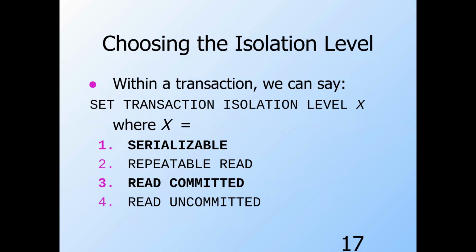If I have two accounts on the Bitcoin exchange, and you're running under read committed, I can send in 1,000 transactions that transfer one Bitcoin from one account to the other.